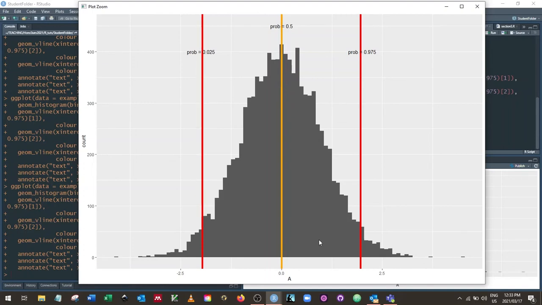So what we do with a 95% confidence interval is to give a range, to say we think that the true population mean must be somewhere in this range. So that's the concept, that's how you interpret it.